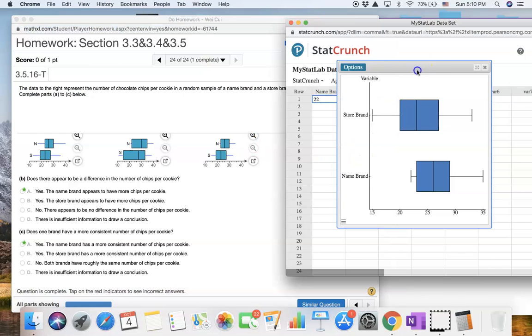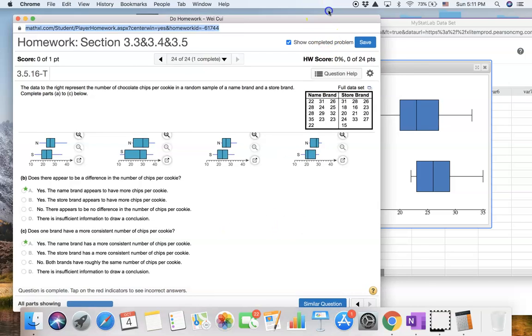Right? So by looking at these 2 box plots, we can tell the store brand has a higher range, so it has a higher dispersion, so it is less consistent. So that's why we choose A. Yes, the name brand has a more consistent number of chips per cookie. Okay.